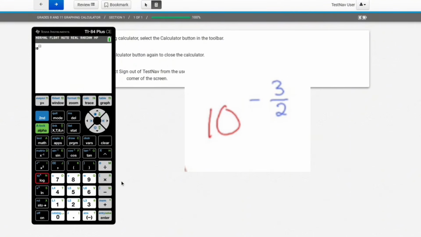Negative 3 divided by 2 is going to give us 0.0316. So to 3 decimal places, that's 0.032. That's going to be our answer.